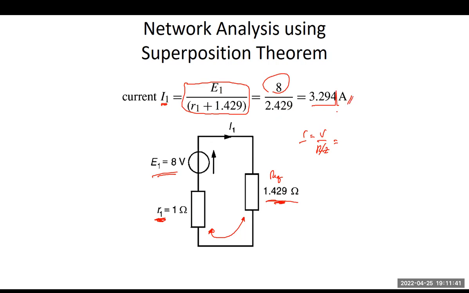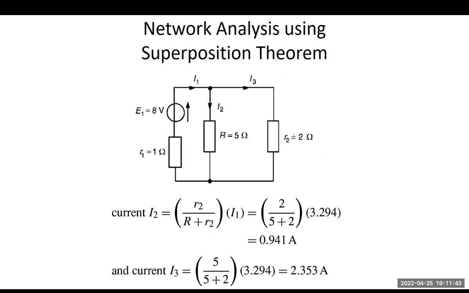Okay, so to continue, when we redraw the circuit using the one that we have taken out, E2, we could now determine I2 and I3 by means of current divider. We could see that the big R is in parallel with R2, and we have already determined I1.